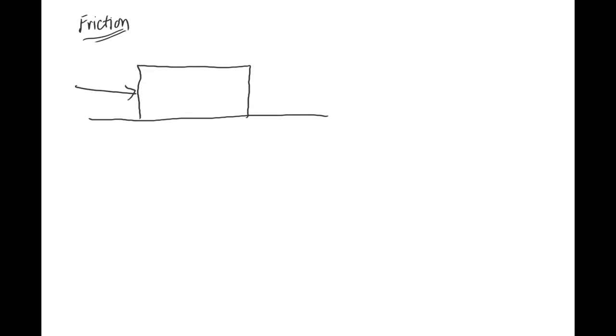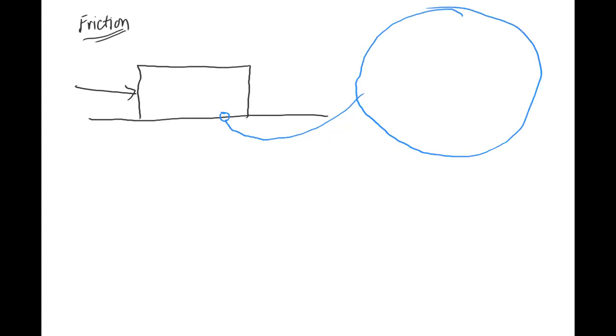So what I will do is that I will look at a very small part of how the block is interacting with the floor. And I'm going to zoom it here. So it turns out that however smooth your senses might tell you a surface is, in reality that surface will be extremely rough.